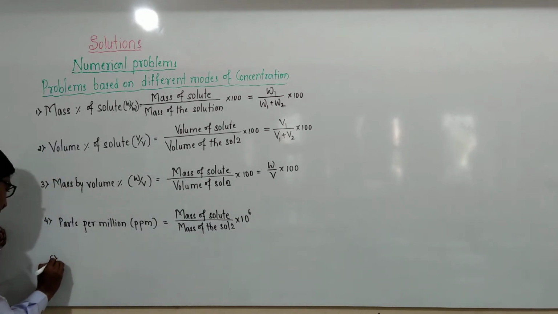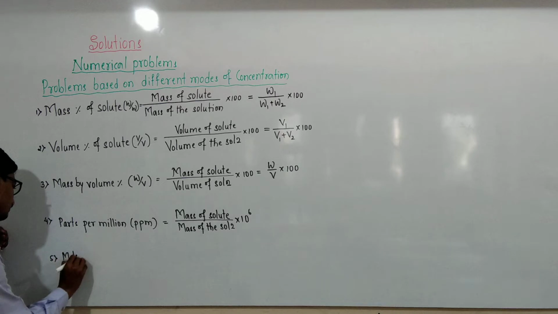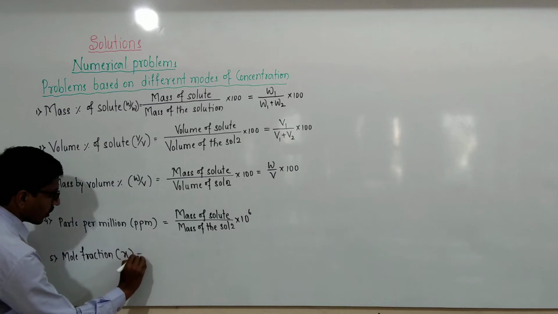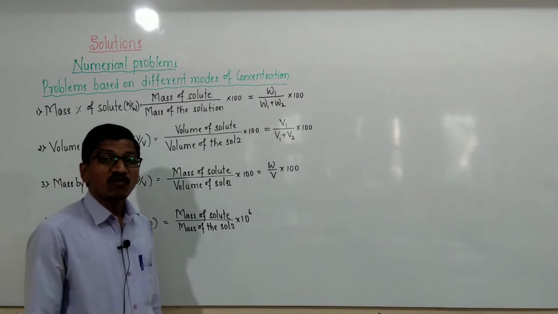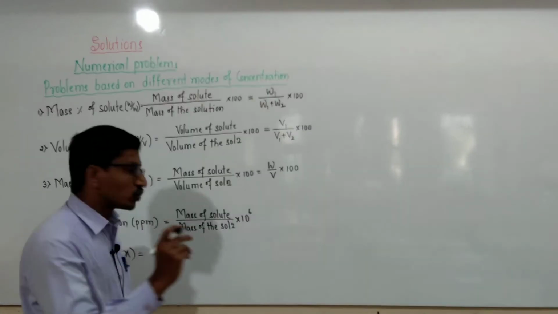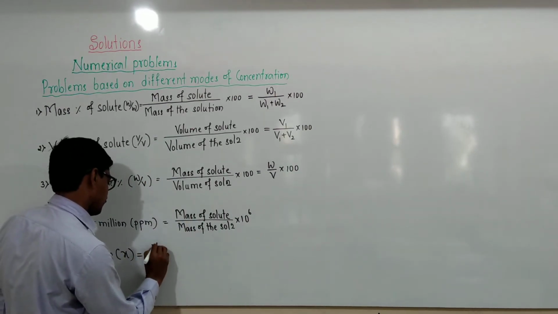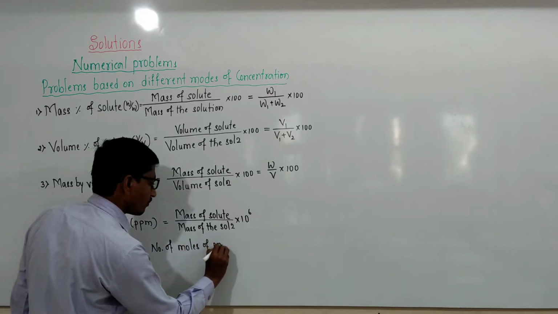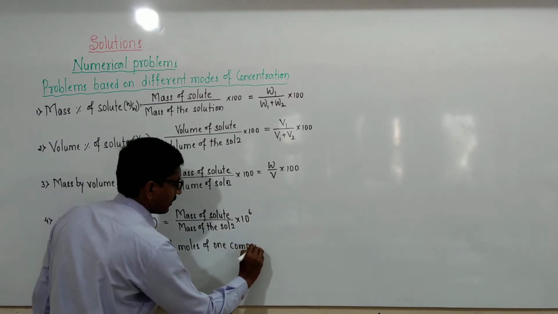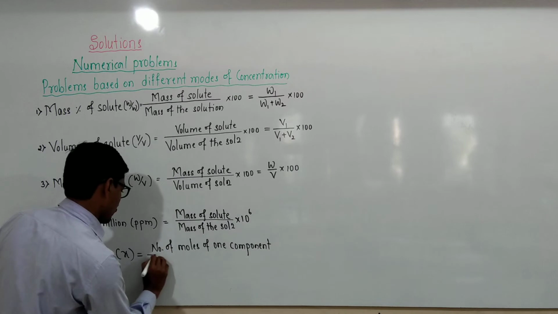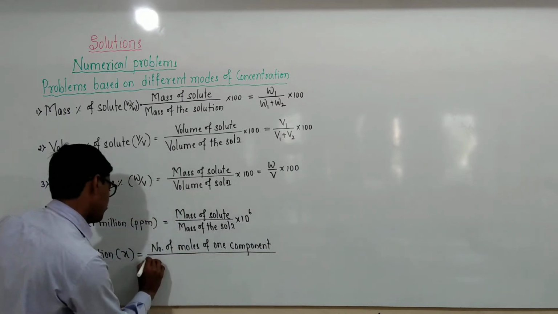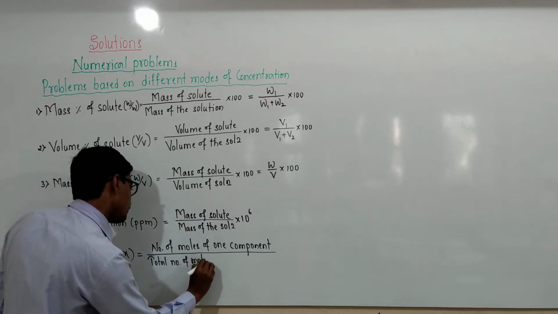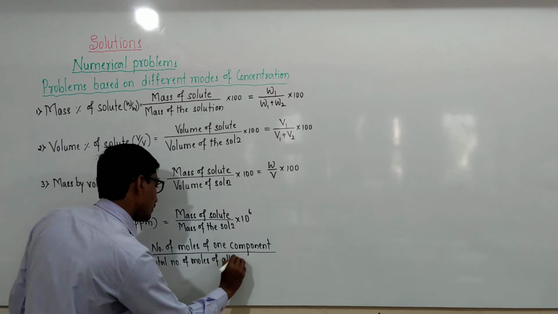Then next term is mole fraction. It is denoted by a symbol X. It is the ratio of number of moles of one component to the total number of moles of all the components in the solution.